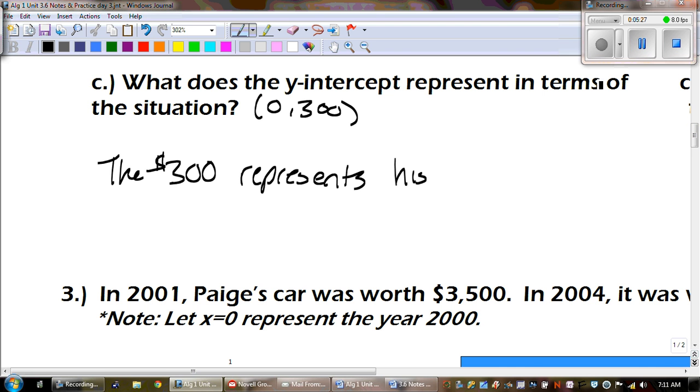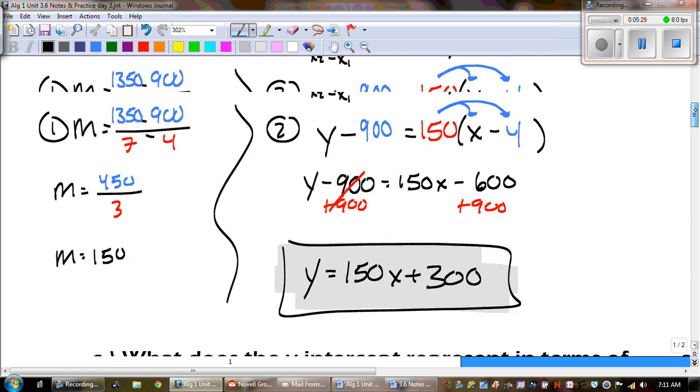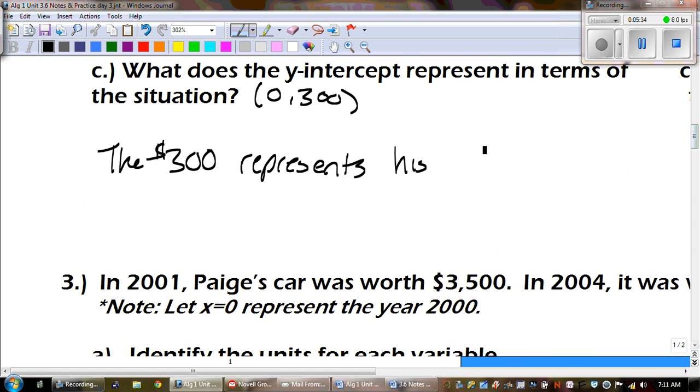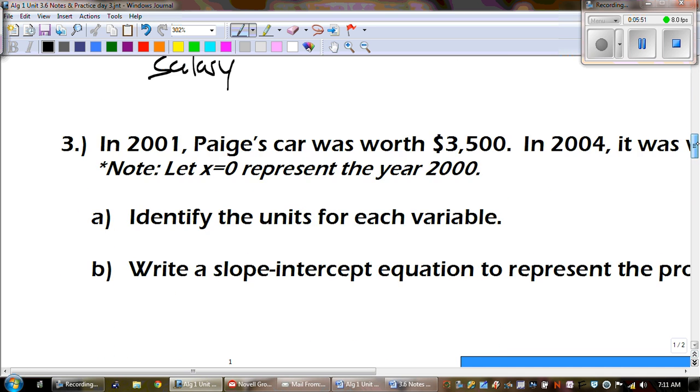I think they call that his base salary. Let's just go back up and look. Yep, base salary. Because in a car dealership, they're not going to give you tons of money for selling no cars. That's your incentive. You have to sell the cars.